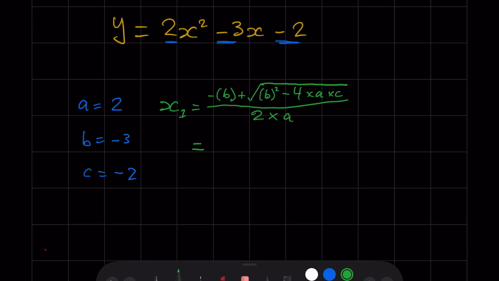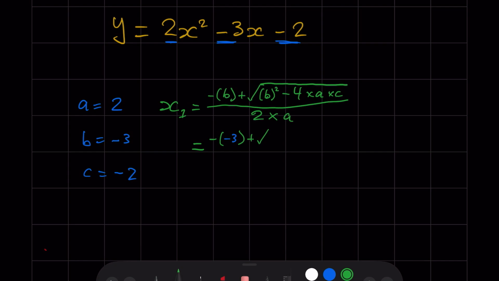So negative b, I'll write negative, and b is equal to negative 3. So I'll write negative 3 inside those brackets. So we have negative on the outside because that's part of the formula, and we have a negative on the inside because that's what b is. It is negative 3.